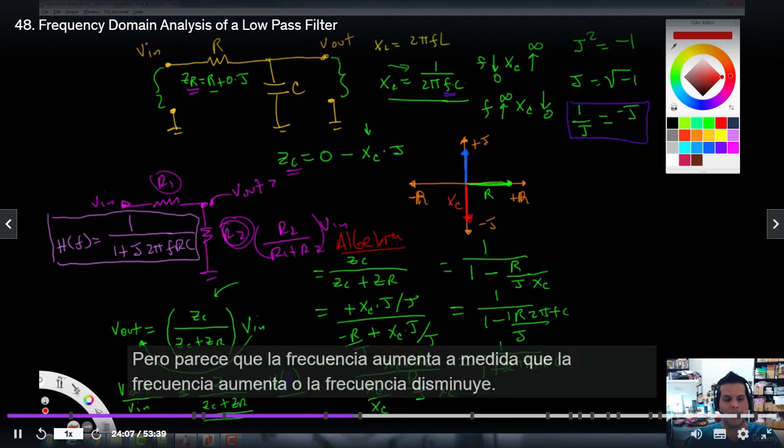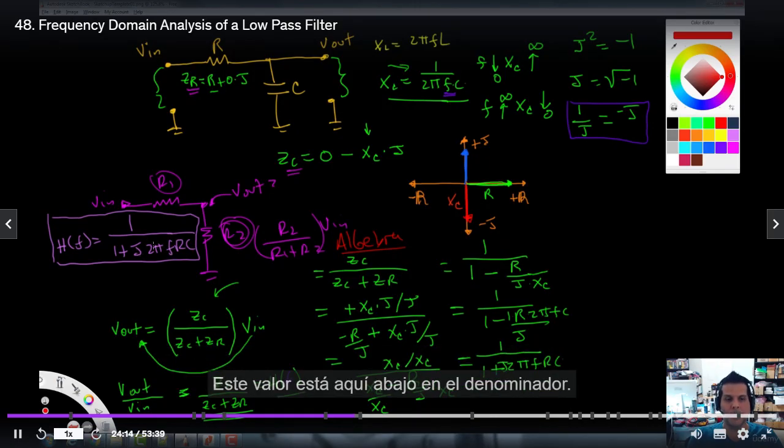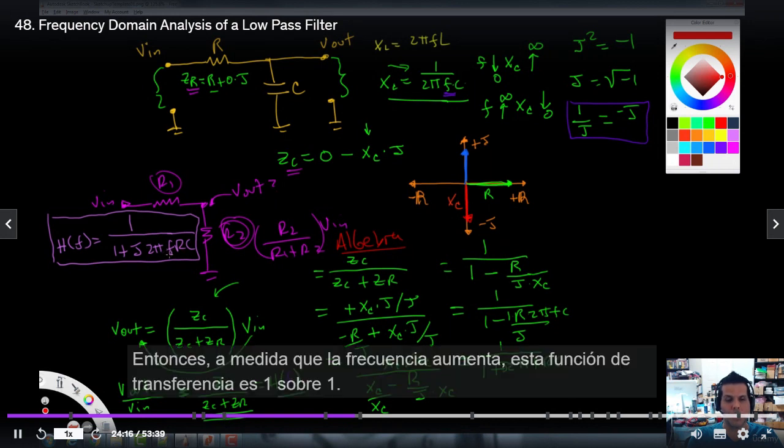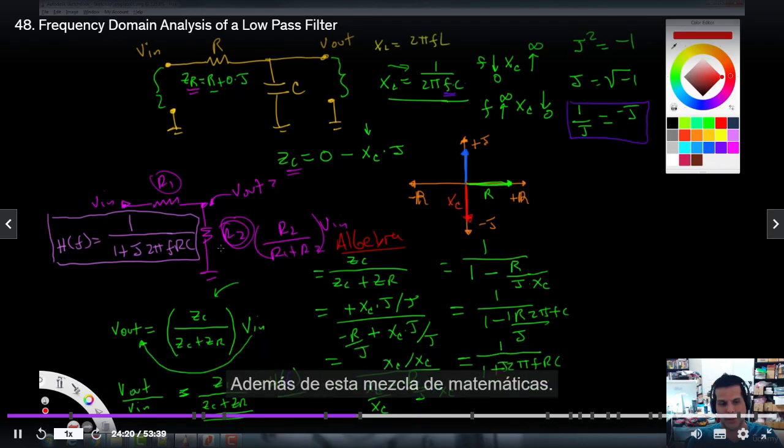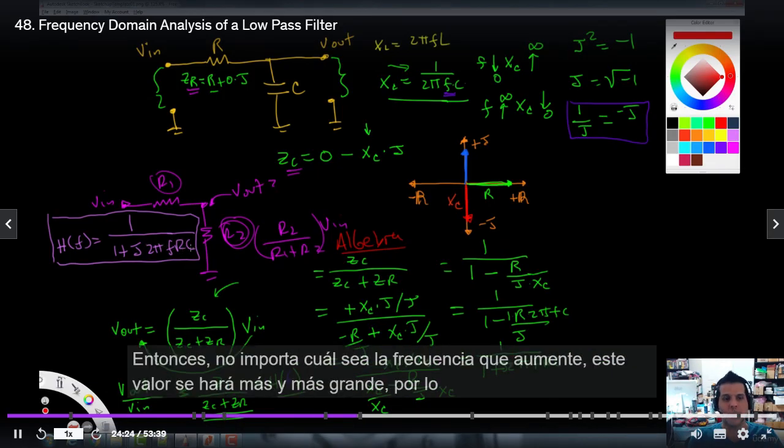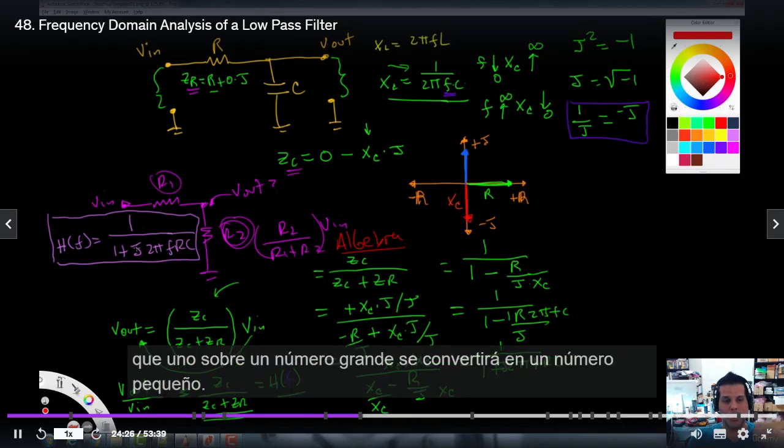It looks like as the frequency goes up, this value is down here in the denominator. So as the frequency goes up, this transfer function is 1 over 1 plus this mishmash of stuff. No matter what, as the frequency goes up, this value is going to get bigger and bigger and bigger. So 1 over a big number is going to become a small number, all right?